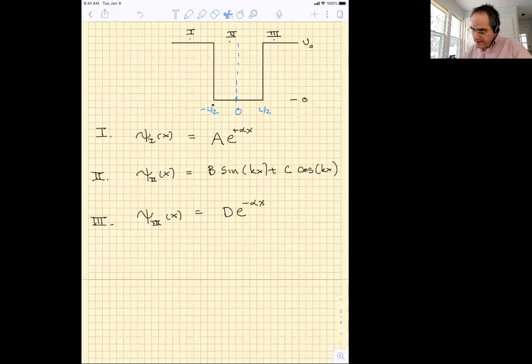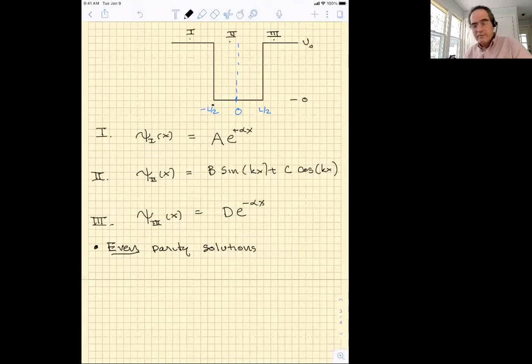So let's take advantage of symmetry now, and let's look for even parity solutions. Meaning that psi of x should be equal to psi of minus x, okay?